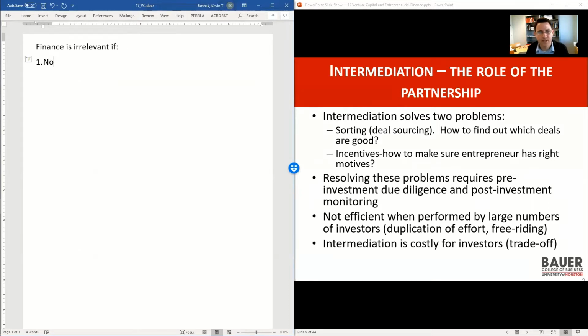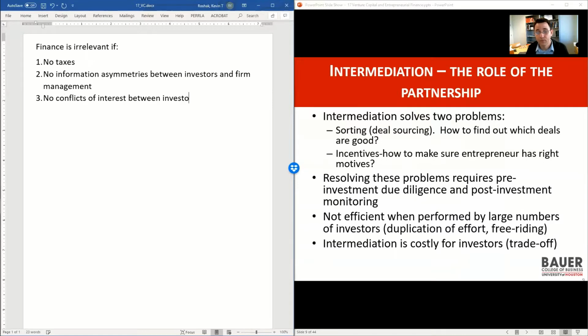One, we said there's no taxes. Said that there's no information problems, no information asymmetries between investors and the firm management. Also said that there's no conflicts of interest between the investors and firm management. And then we had a bunch of other assumptions that aren't going to be the focus of today. Things like no bankruptcy, no cost of bankruptcy.